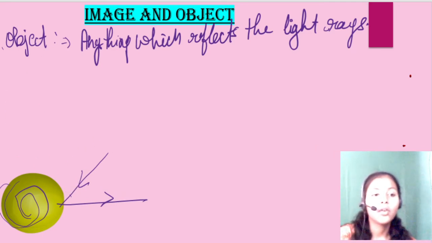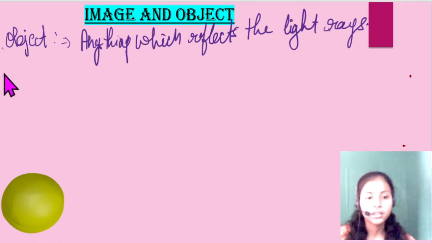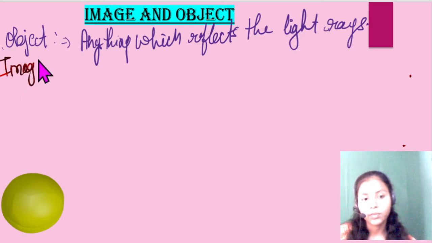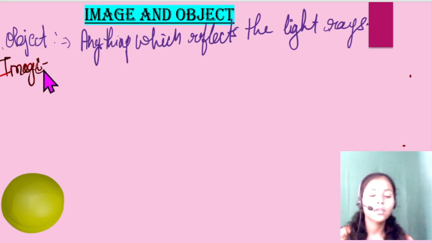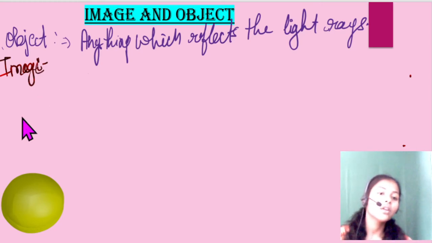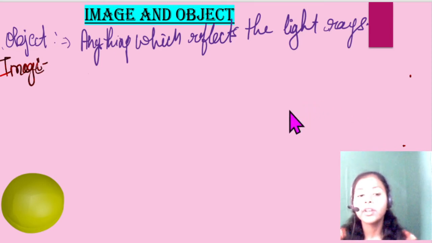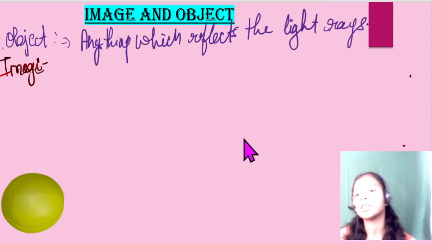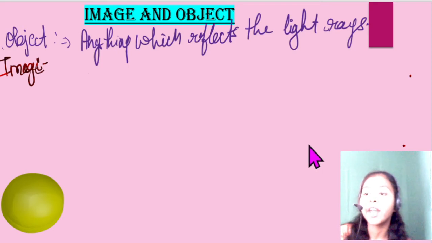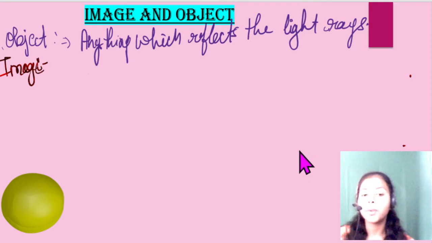And now, what is an image? What do you understand about the word image? The light rays come from any point and are reflected from a surface, and where the reflected light rays meet at a point, that point is called the formation of image.